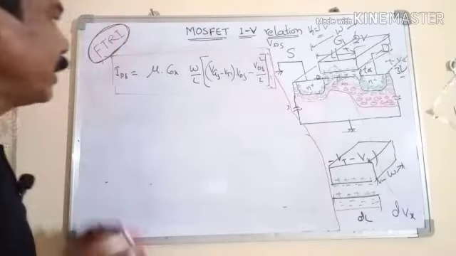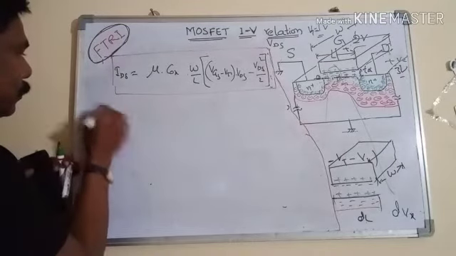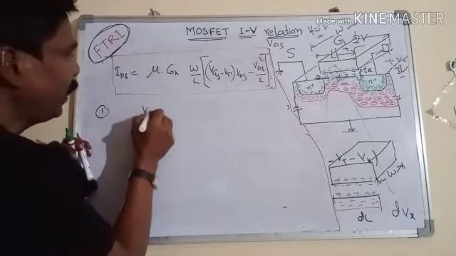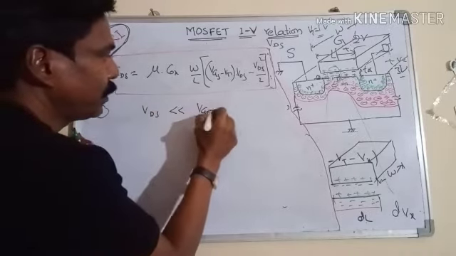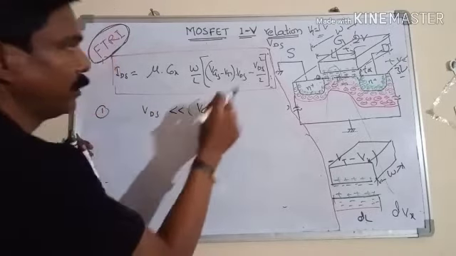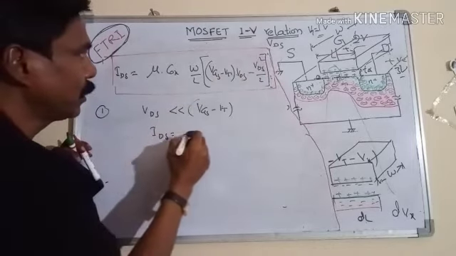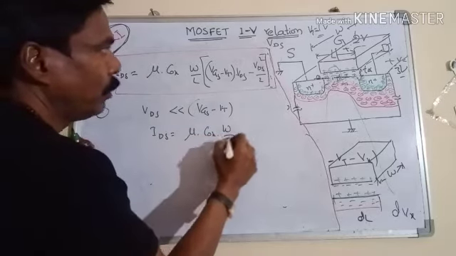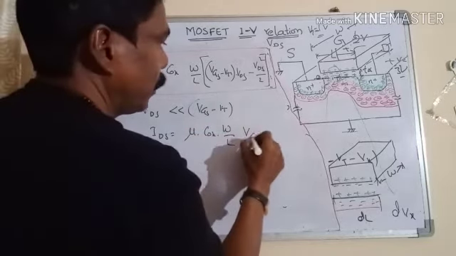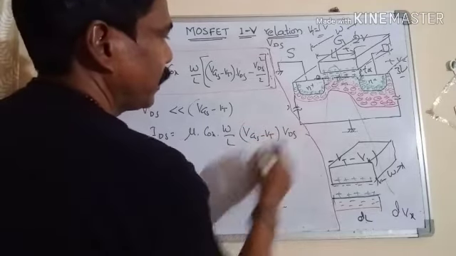So we can write case 1, when VDS is less than VGS minus VT, we can neglect this term. So IDS becomes mu Cox W upon L, VGS minus VT into VDS.